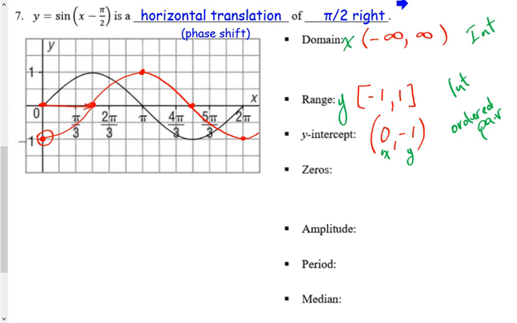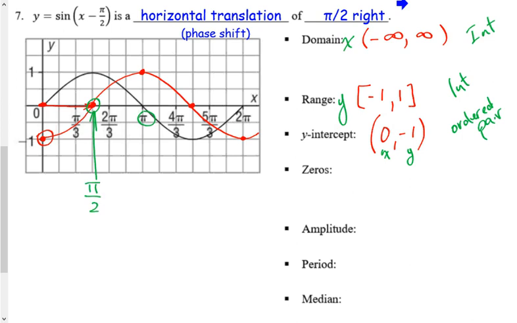The zeros. Here, I look at this point and say, well, that's my first positive zero. We could pick any zero. As kind of a math convention, typically we pick the smallest positive. If you don't, it's not wrong. That smallest positive one is 3 grid lines. I look here and say, oh, pi is 6 grid lines, so this is pi over 2.